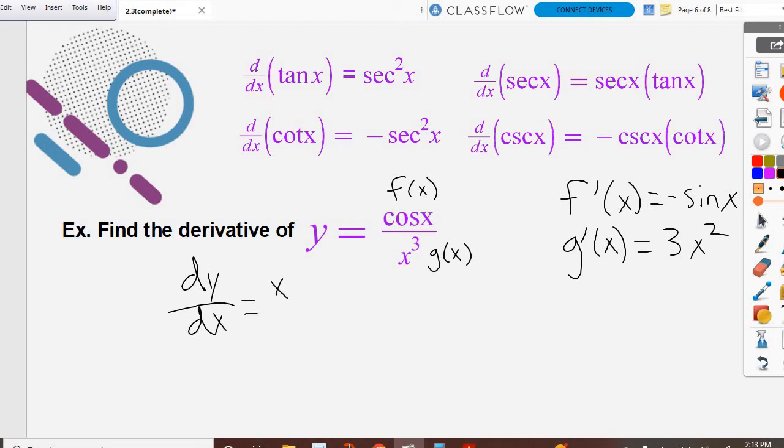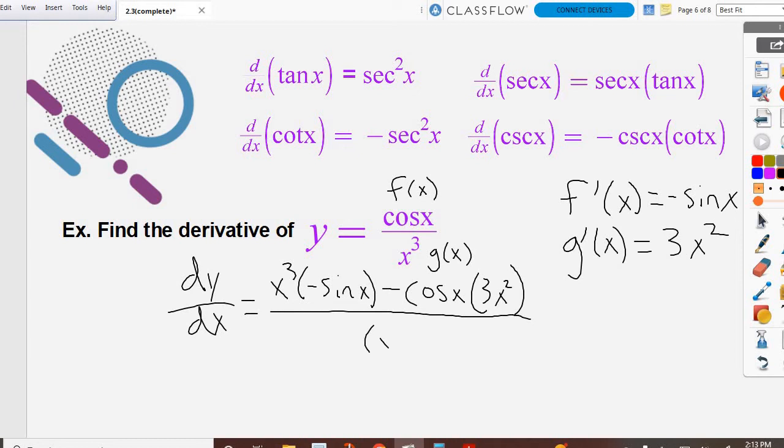I have the bottom times the derivative of the top, so x cubed times negative sine of x, minus the top times the derivative of the bottom, all over the bottom squared.